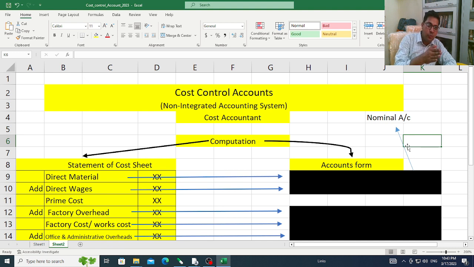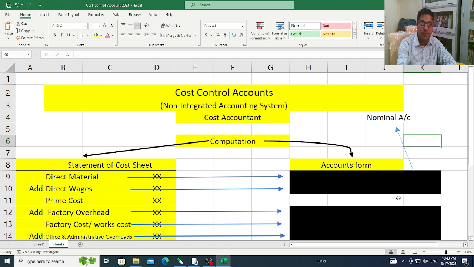Now they want to convert this cost sheet statement into ledger accounts. They will change the names. Now, direct material: whenever we have to produce goods, any kind of product, we require direct material.